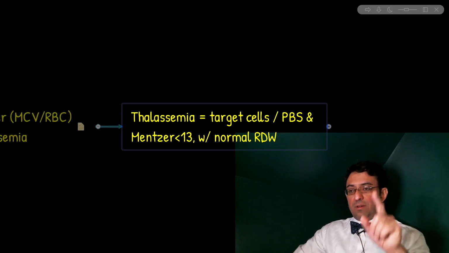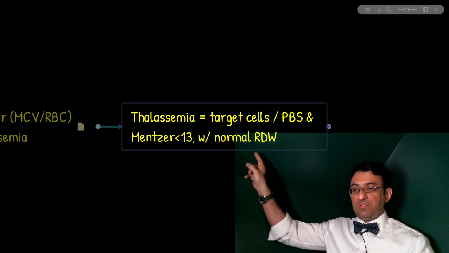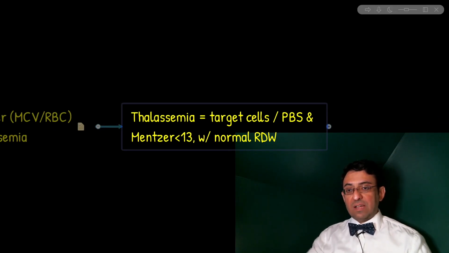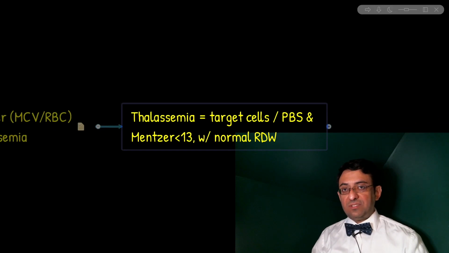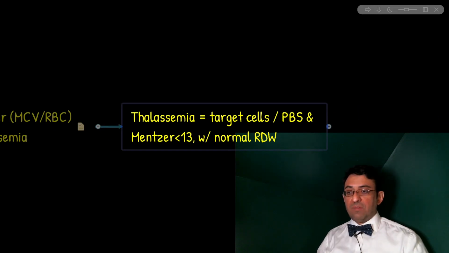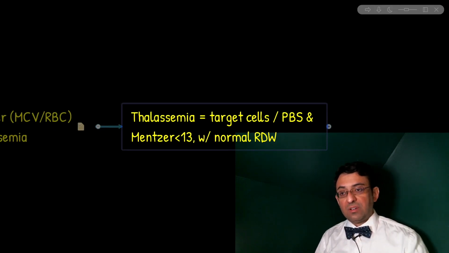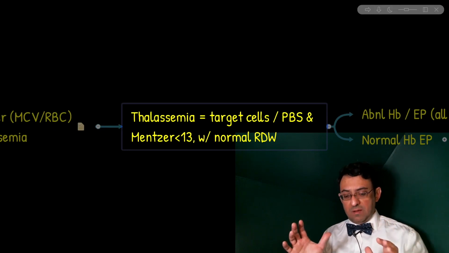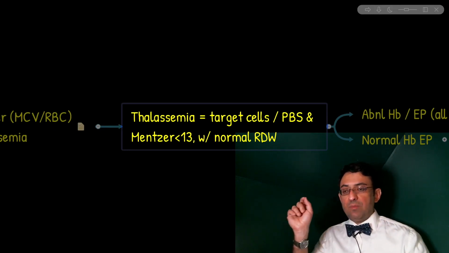Now, just a reminder, as I've mentioned here, in terms of differentiating from iron deficiency anemia, what's our RDW and Mentzer index? Mentzer index in thalassemia is less than 13, and RDW is not increased because we have evenly distributed microcytic RBCs. From now on, my focus will be thalassemias, and at the end we will discuss the sideroblastic anemia and lead poisoning.